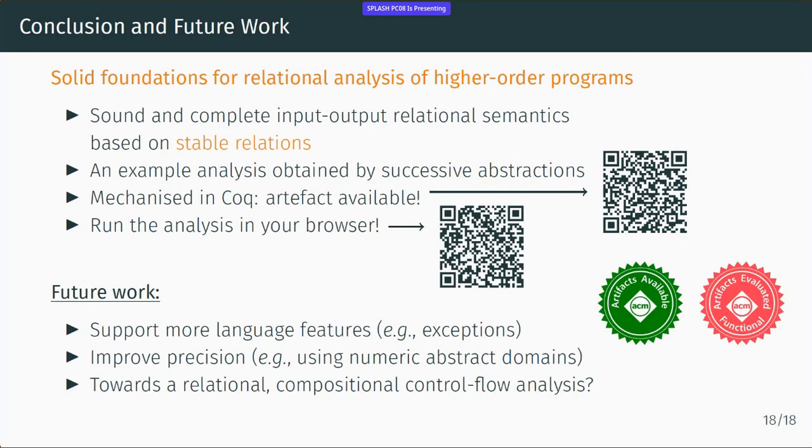Oh, you mean the relational semantics and something new? You could analyze other things like the paper that you presented at SAS using a similar approach, but in the case of shape analysis. So it's trying to relate the shape of the input memory with the shape of the output memory.